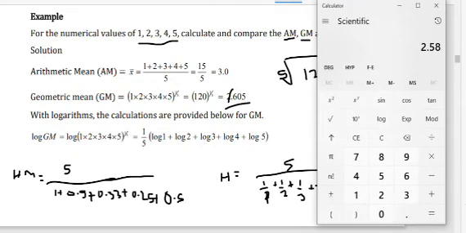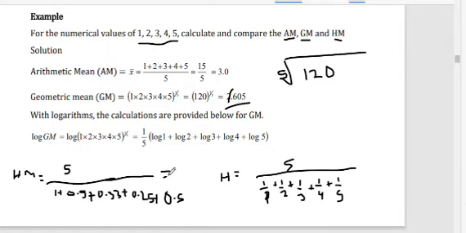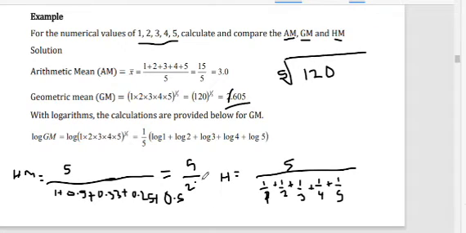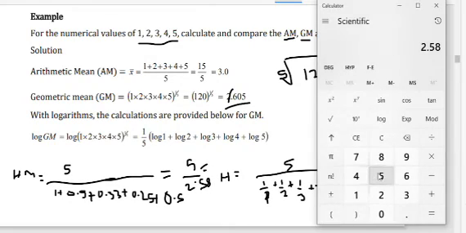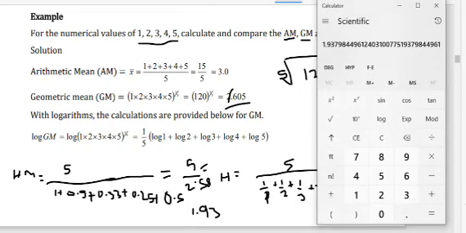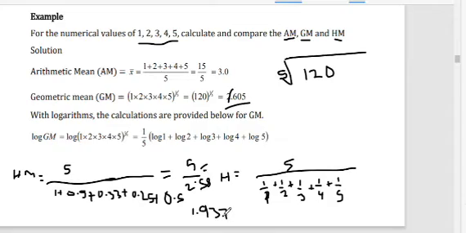So that's equal to 2.28. So I'm going to have 5 divided by 2.28. That is equal to 2.19 and so on and so forth.